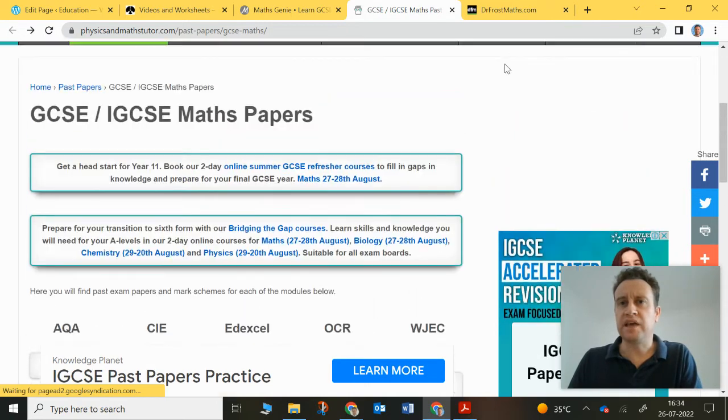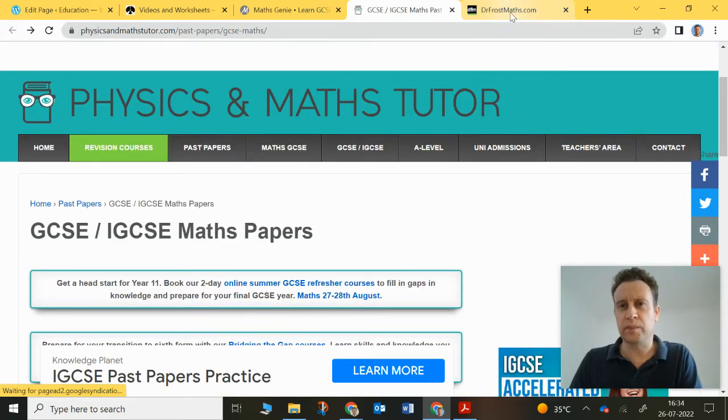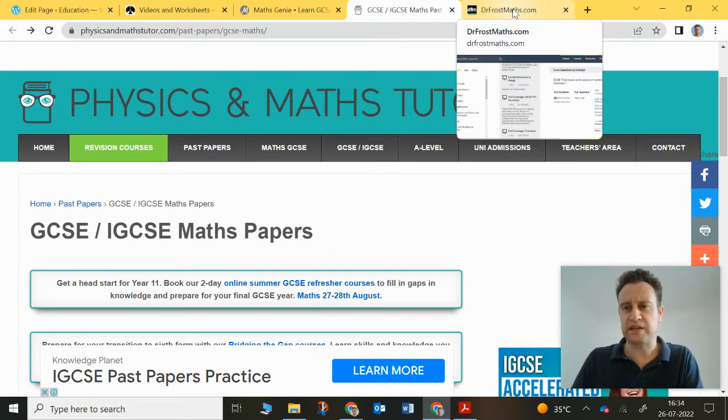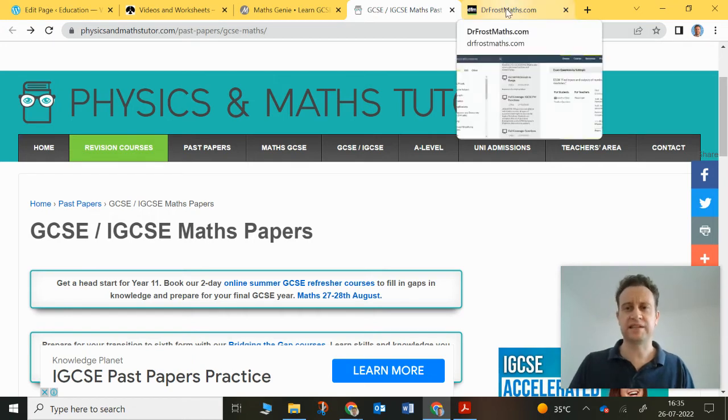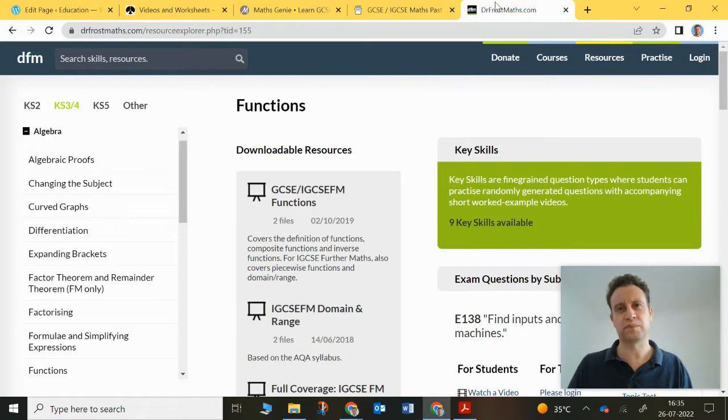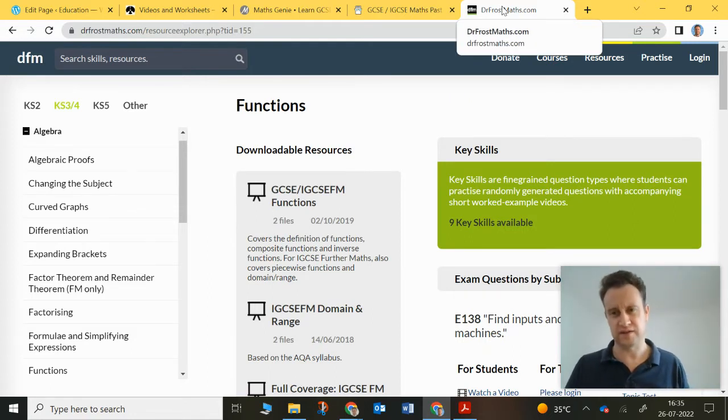Okay, then the final resource I want to talk about is DrFrostMaths. So if that's not enough in terms of revision resources, this is another massive resource, but it's a little bit more what teachers will be providing for lessons. So teachers get resources from a variety of places, including the Edexcel book, for example.